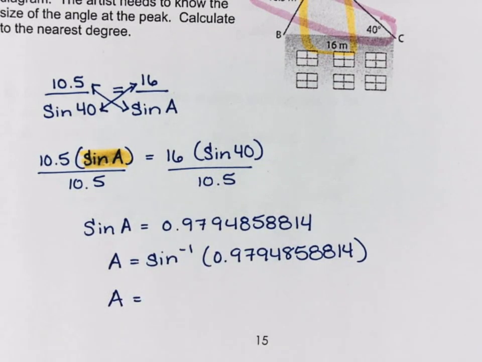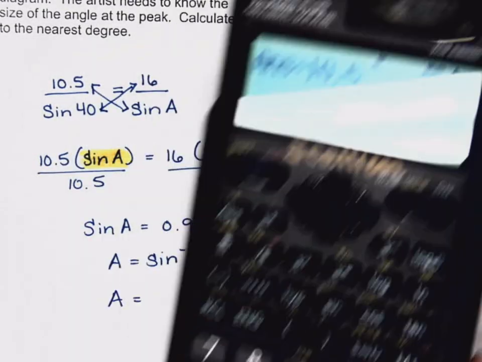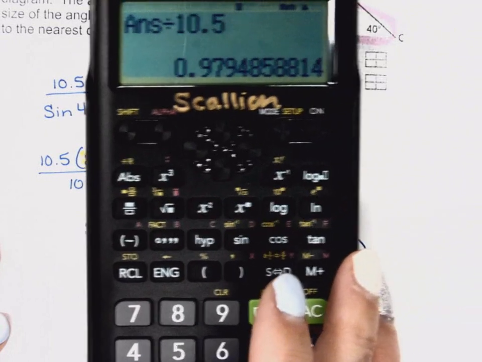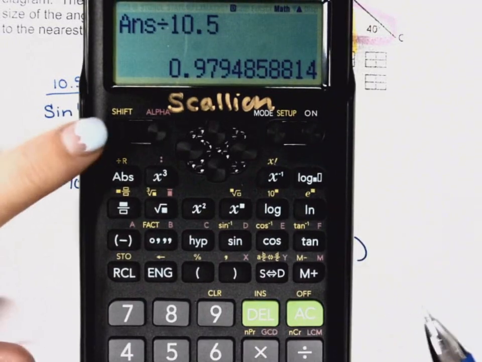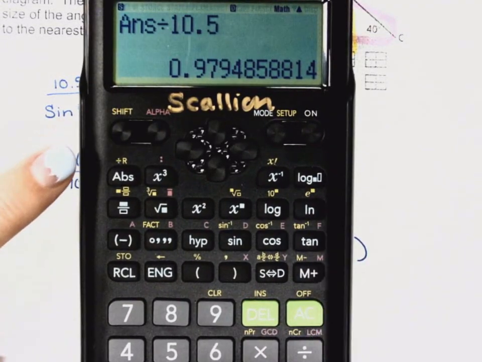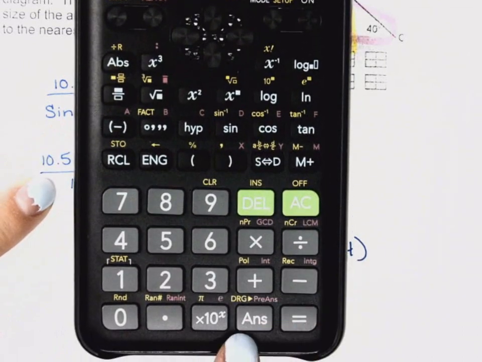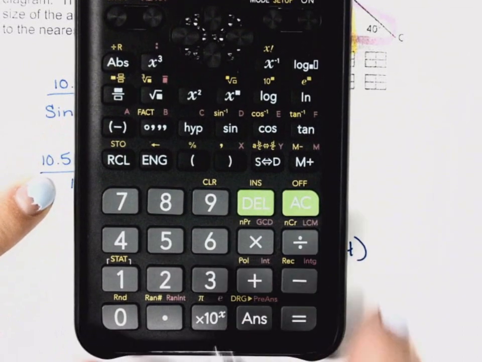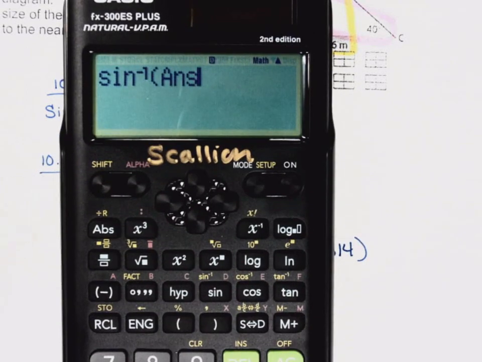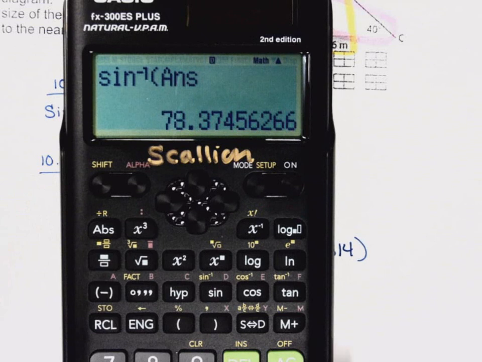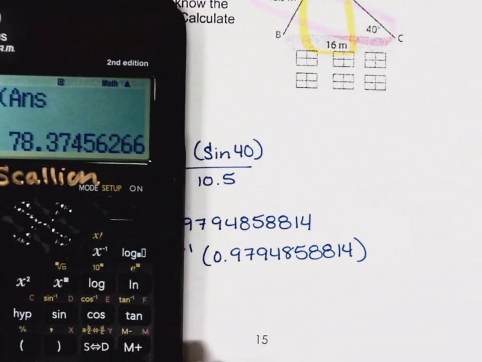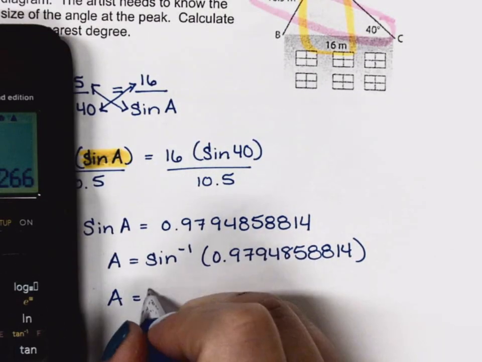And if you have an answer key, or if you have an answer button, so if you watch this calculator, I'm going to go shift, and then sine, and then in this calculator, all I have to do is hit the answer key, and it will take that big decimal that I have, and then I hit equals, and I get the 78 degrees for my angle.